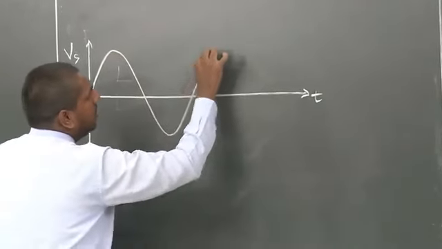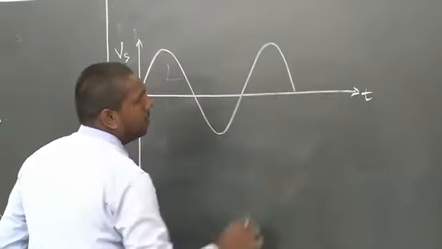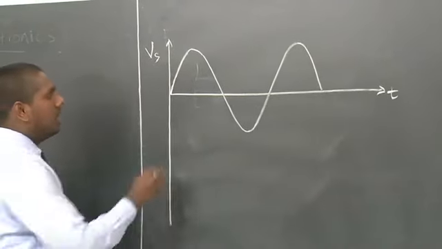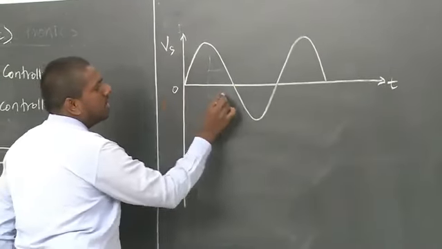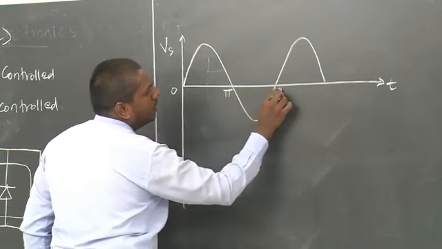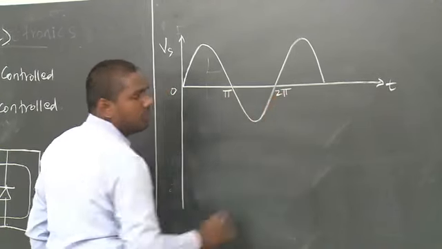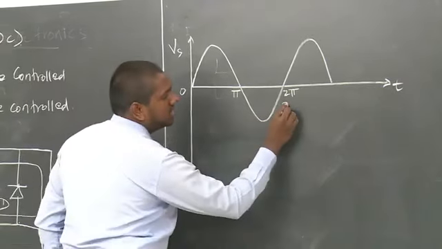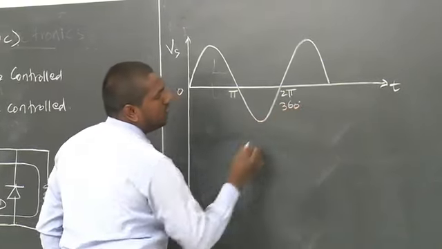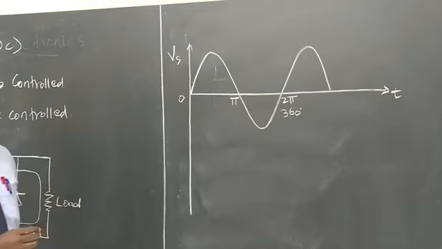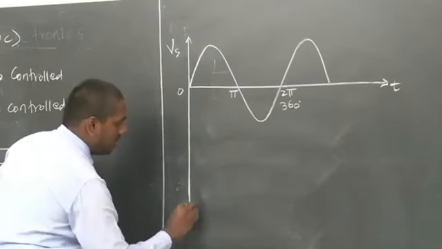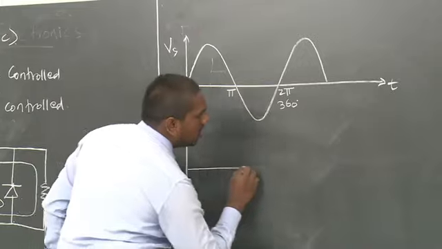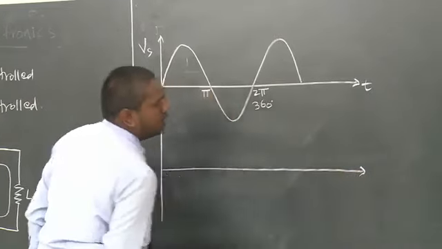The sinusoid has positive and negative halves. It starts from 0, then pi, and 2 pi. One full cycle ends at 2 pi, that is 360 degrees. Then next is the output voltage.